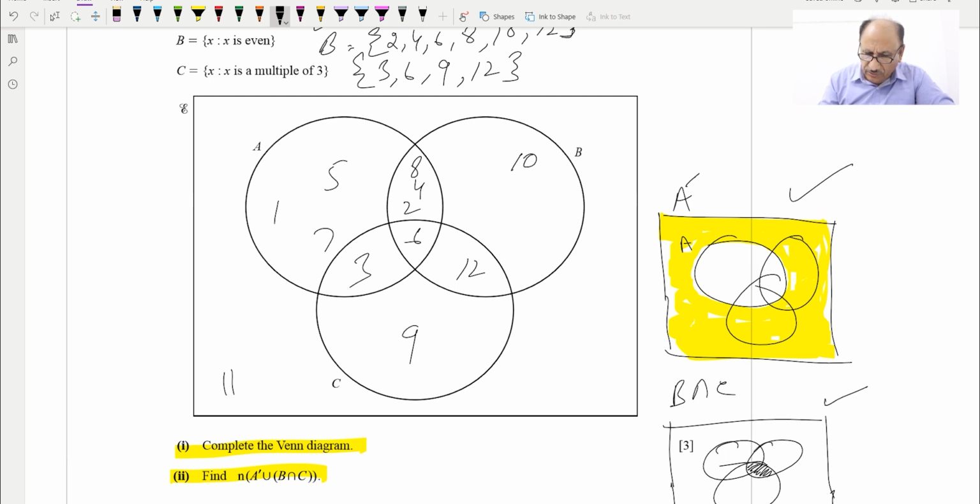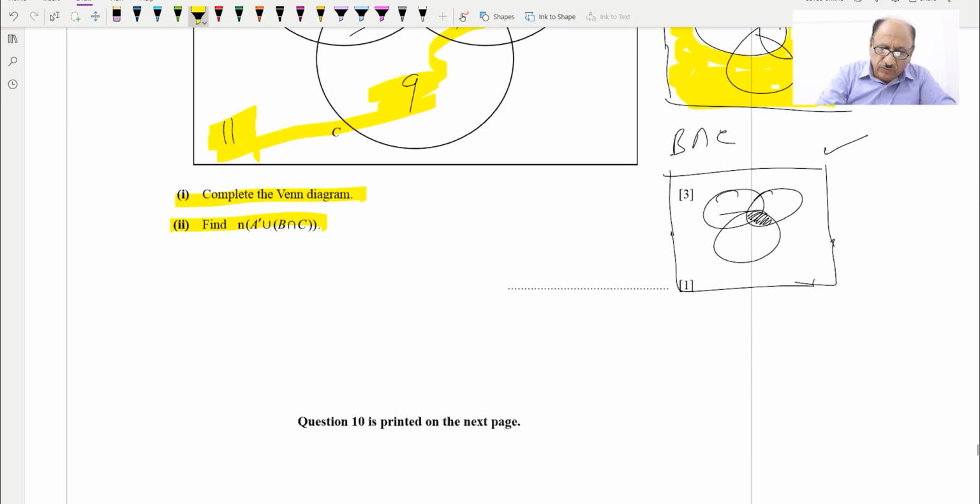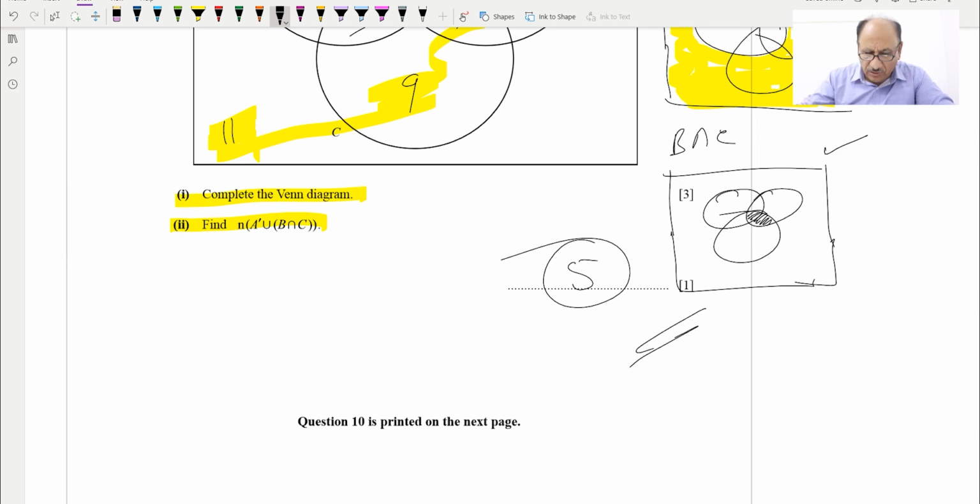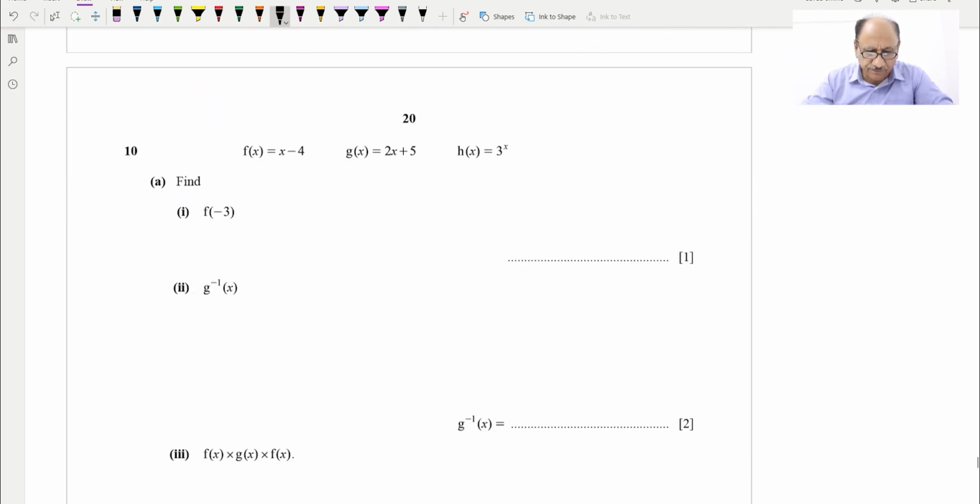So what will that be? This one, this one, this one, this one, and this one. So these are the 5 members which we have to just count. We have to write here 5, and this is our answer for this mark, for 1 mark only.